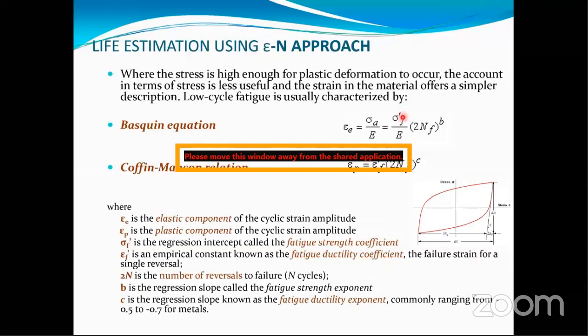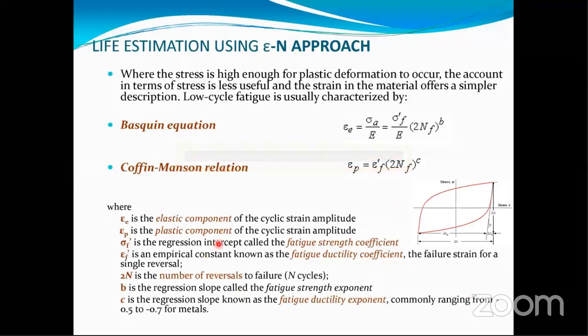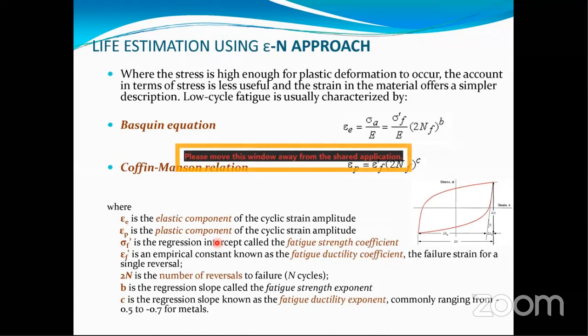So all these components, sigma f, b, c, and epsilon f, these are all coefficients and exponents, and they are all standard values for certain, some are standard particular to a metal, and some depend upon the loading pattern and other factors like geometry and all.